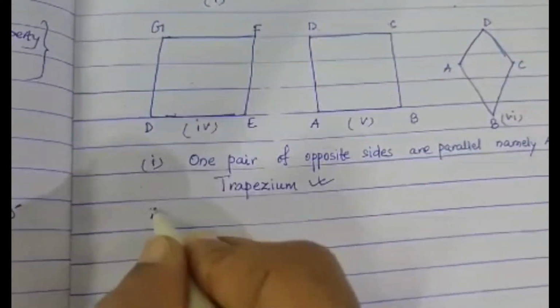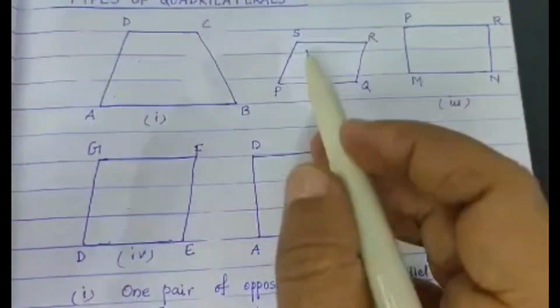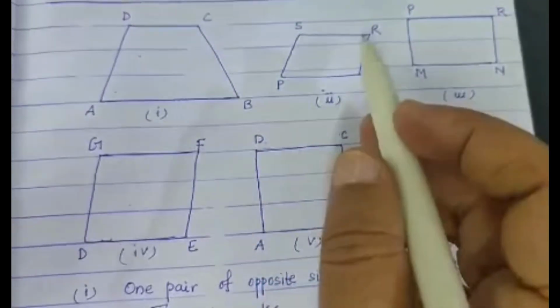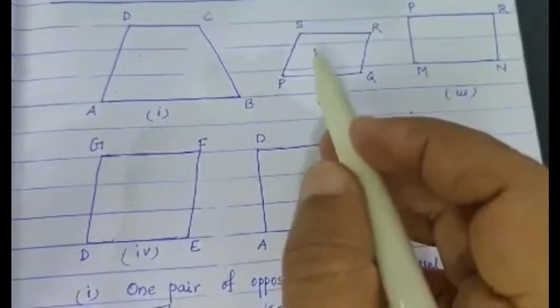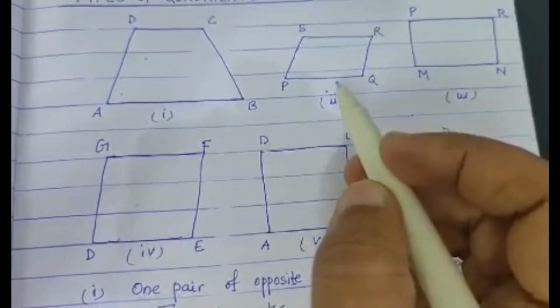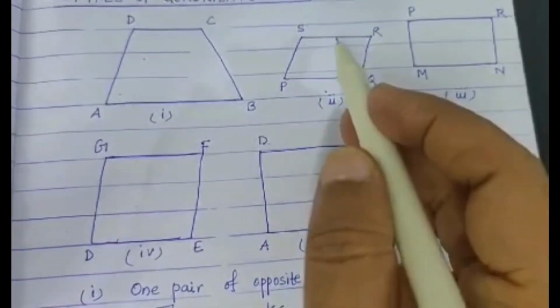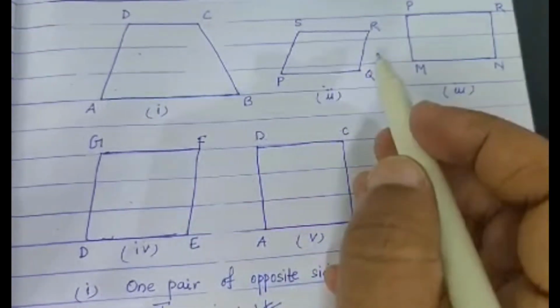Now the second one, I hope all of you know, is a parallelogram. Here both pairs of opposite sides are parallel. This one is parallel, this one is parallel also.